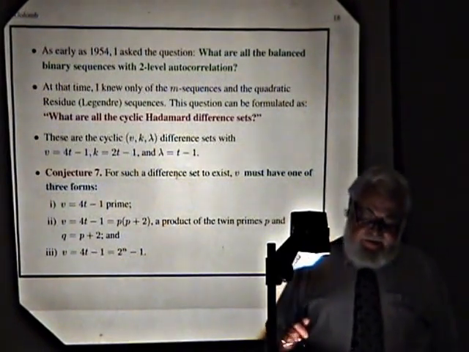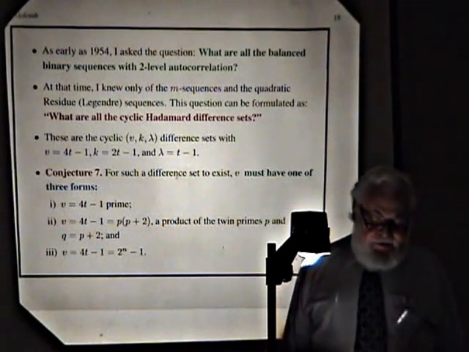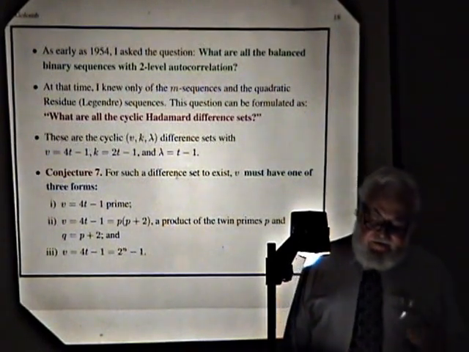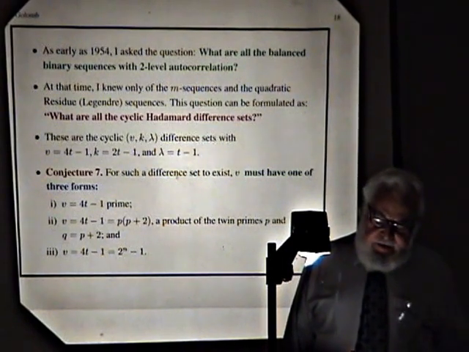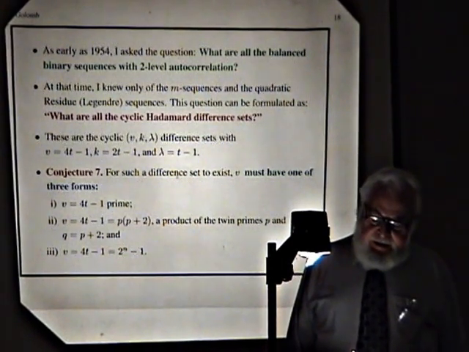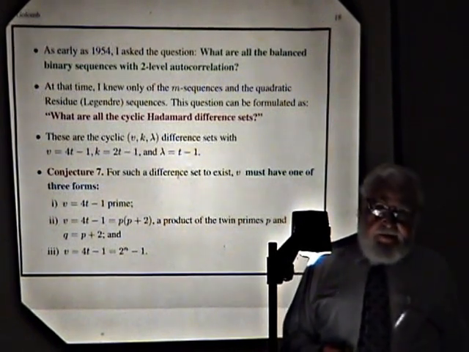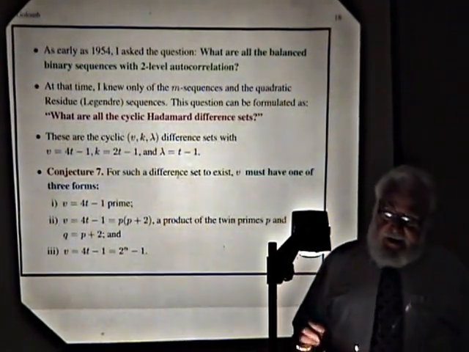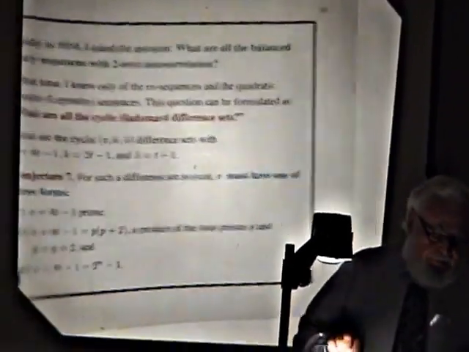This seems like a very strange set of positive integers, and that's why I thought it was a dubious conjecture. Nearly 40 years later, I'd say this conjecture is starting to look pretty good, simply because so many searches have been done and no examples have been found that are not of one of these types.